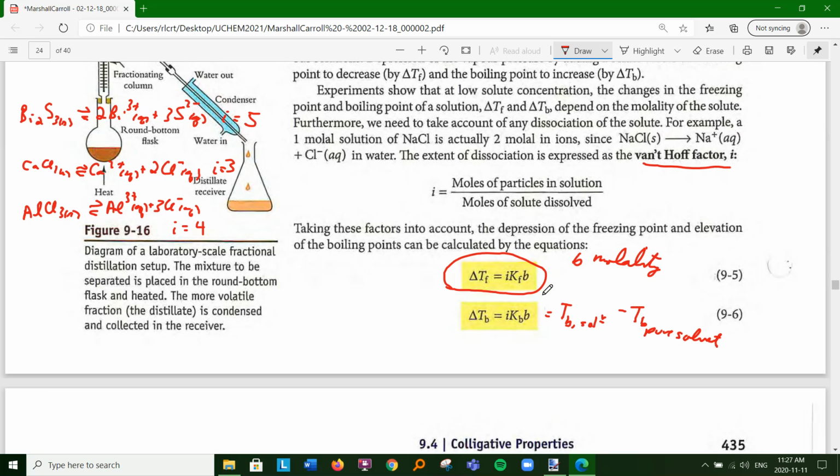Okay, because it's elevated. For the freezing point depression, I find this a bit annoying, but they flip it around and say that it's TF of the pure solvent minus TF of the solution.